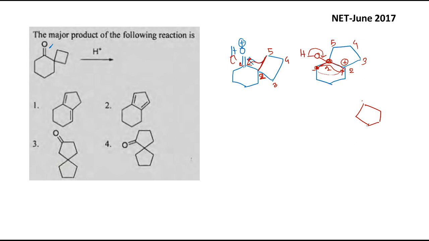So there will be another 5-member ring, and if you maintain the original numbering, it is 2, 3, 4, 5, and at one position now there is C double bond O. So it is matching with option 3. Sorry, not option 3, it is option 4, because see, where the new ring carbon is present, the CO is adjacent to it. Okay, so be very careful, it is not option 3, it is option 4.